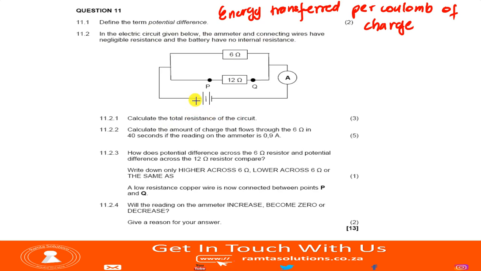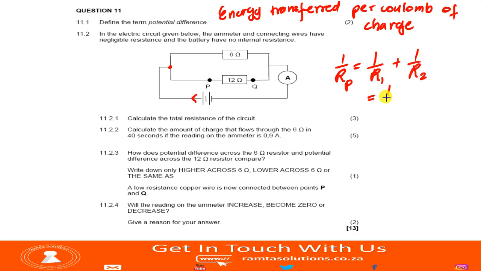Remember I said when you get to your circuits, the direction of current goes in this way. As it gets here, current gets divided. So what is our total resistance? 1 over Rp is equal to 1 over R1 plus 1 over R2.